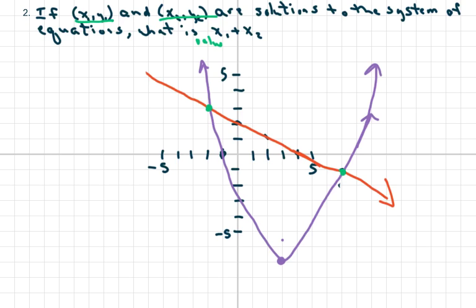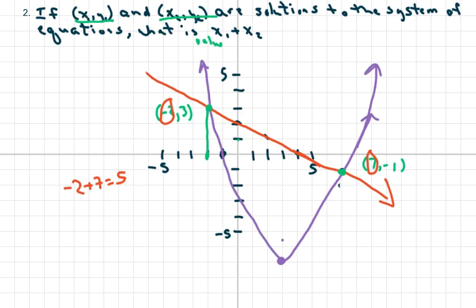So let's let this be x1. x1 right here is -2. We don't really need to know y, but y would be 3. And the other point here would be 7, comma, -1. So we're just looking at the x's. And so we get -2 plus 7 equals 5.